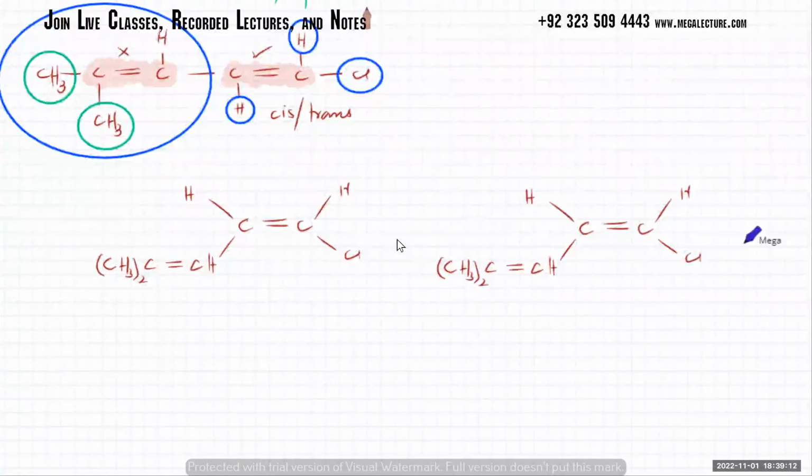Both of them are actually cis. The trans one is going to have the H pointing downwards and the Cl pointing upwards. Here the groups are pointing in the opposite direction, there the groups are pointing in the same direction. So this one is cis, and that one is trans.